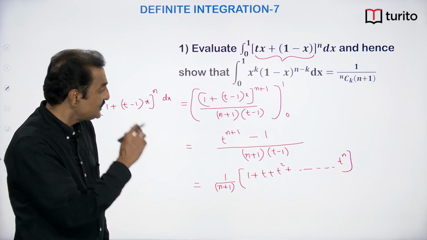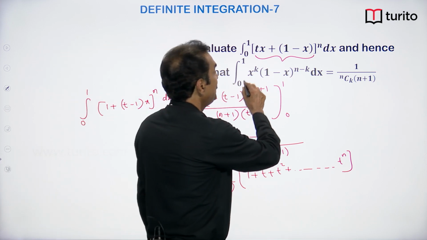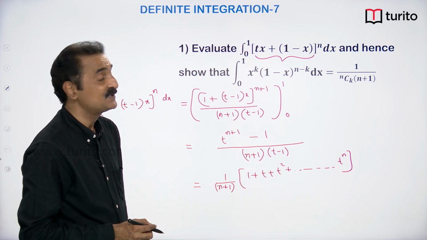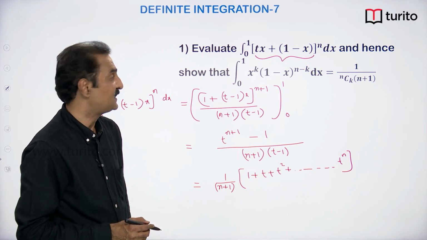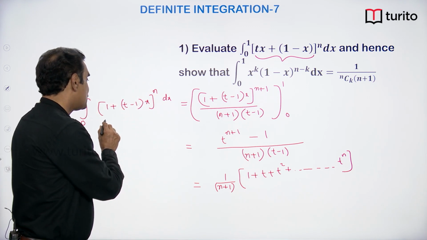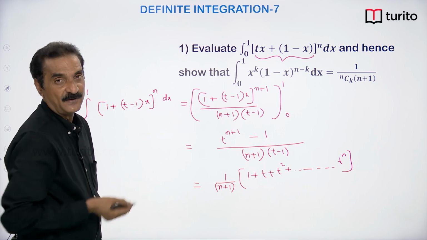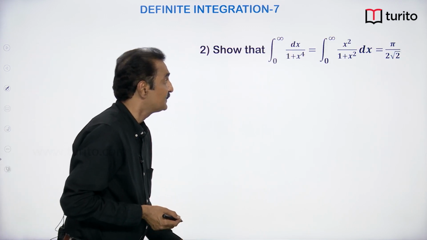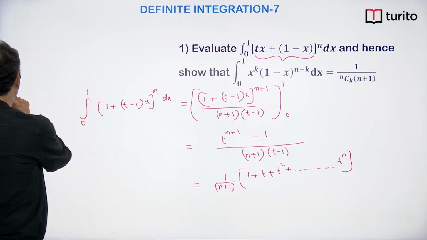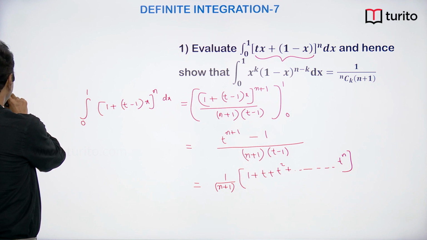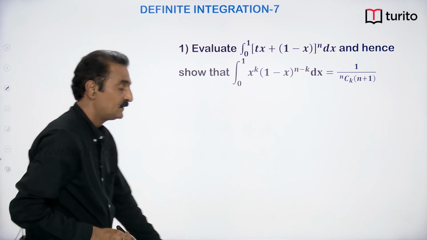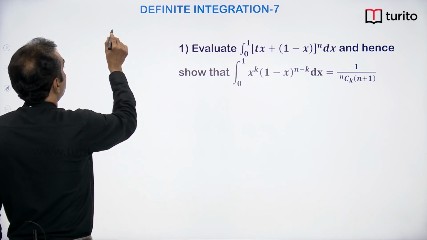Now using this result, we have to prove that the integral from 0 to 1 of x power k into (1 - x) whole power n minus k dx is equal to 1 by (n + 1) into nCk. For proving the second part, let us find this integral in a different way. I will write the result here.